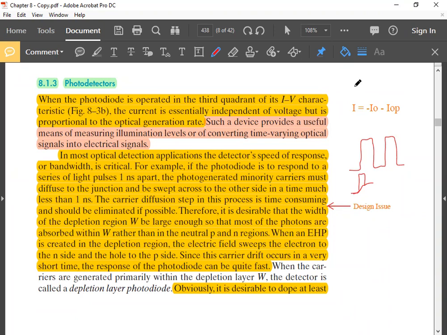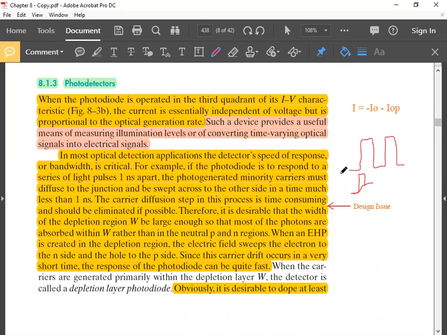So the detector speed is very important when light pulses are varying very fast. If this variation has to be detected precisely, the speed of the photodetector has to be even faster.